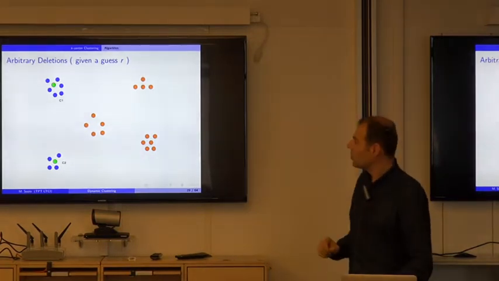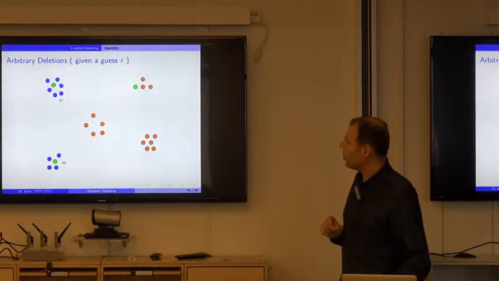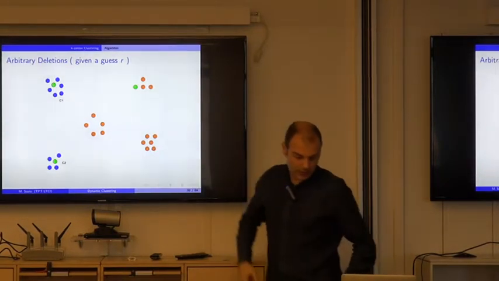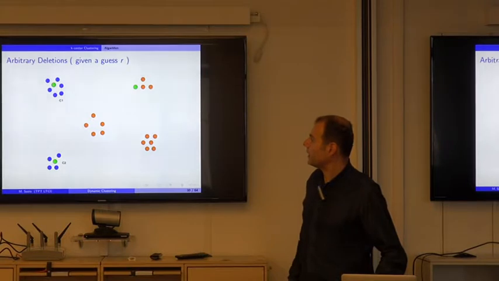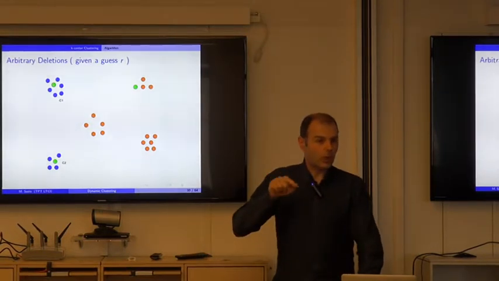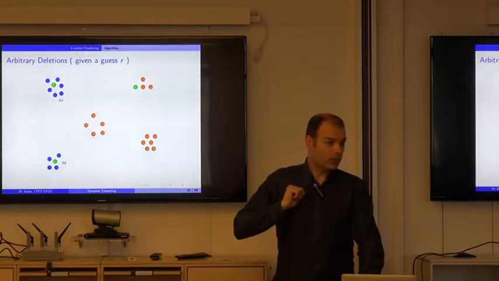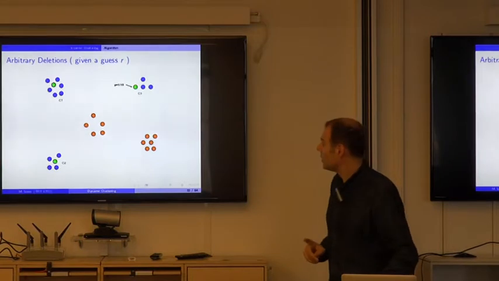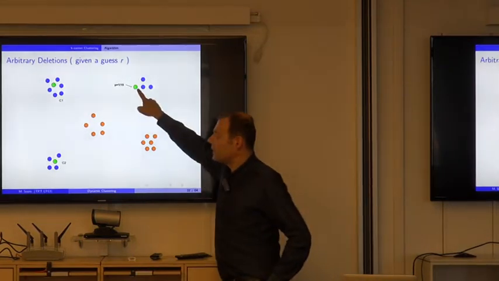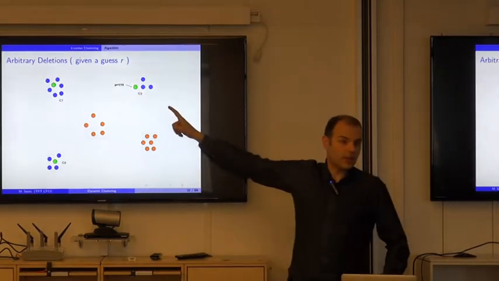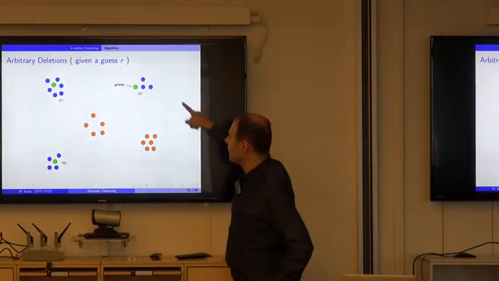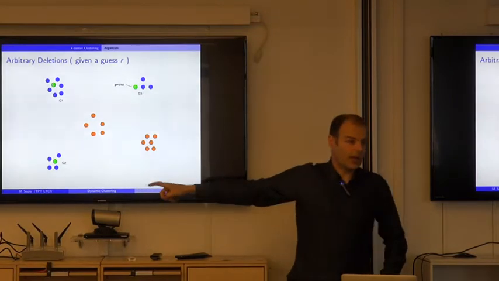We do the following. At each step, we pick one point uniformly at random among all these points, and we say this is the center. We build a cluster again containing all the points within distance 2 times r from the center. And we iterate. But now observe one thing. The probability that we select this one as the center is very small. It is 1 divided by 15, where 15 is the number of points that we are reclustering.